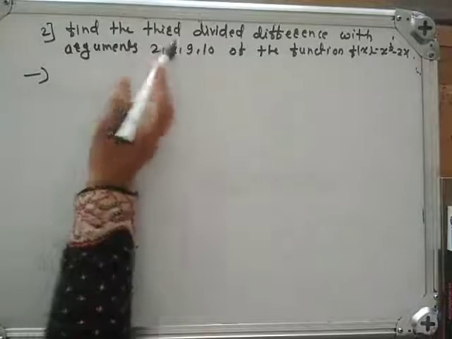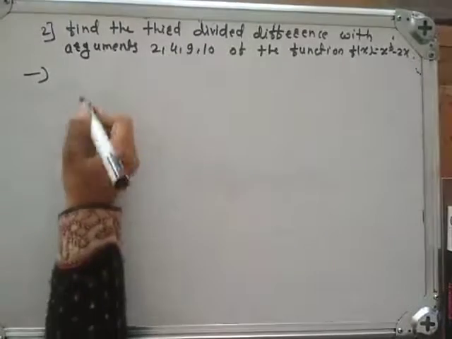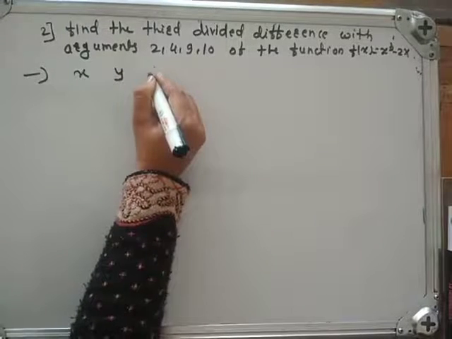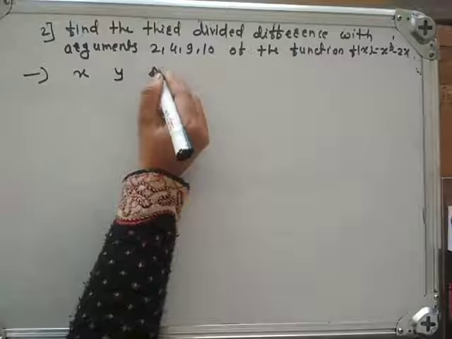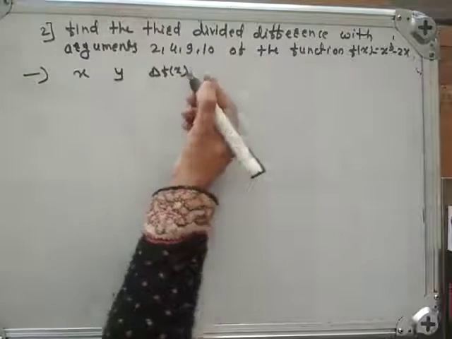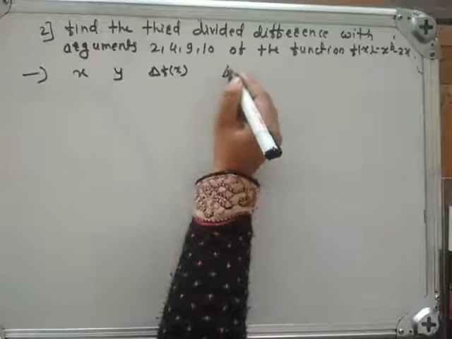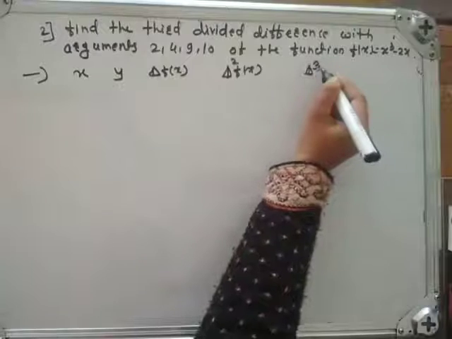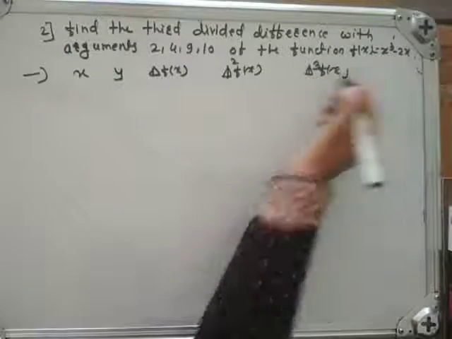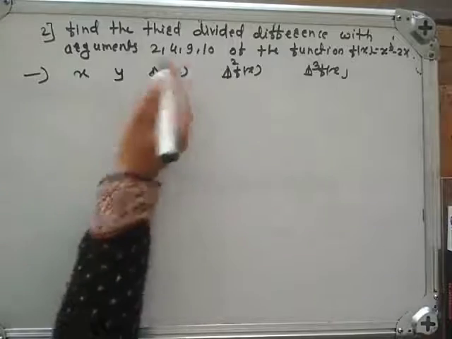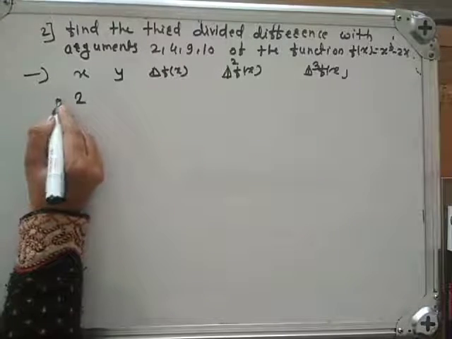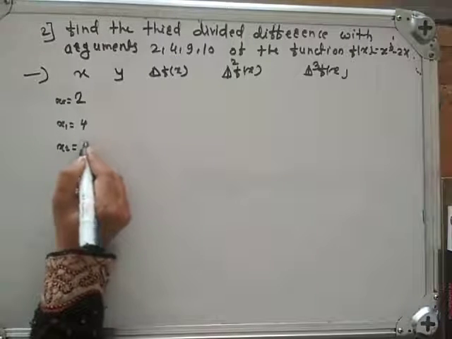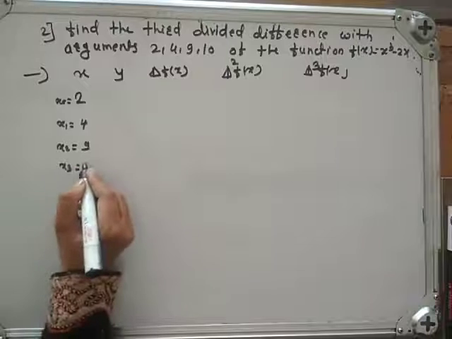You have to find the third divided difference. So we require the first divided difference, next we calculate the second divided difference, and last the third divided difference. You are given the values of x: x0 is equal to 2, x1 is equal to 4, x2 is equal to 9, and x3 is equal to 10.